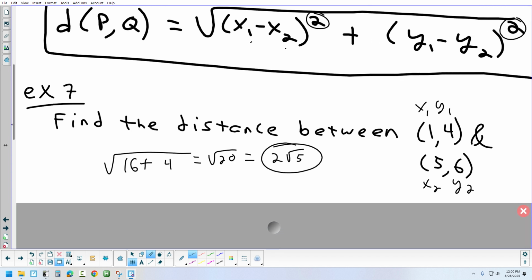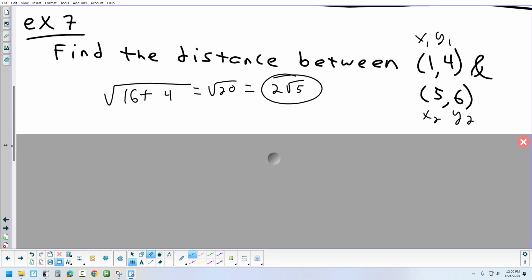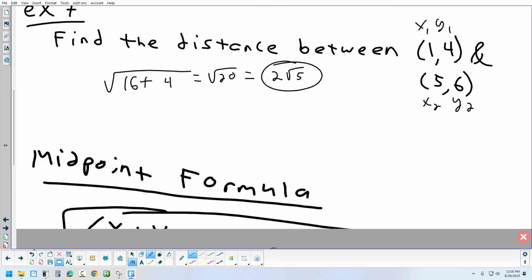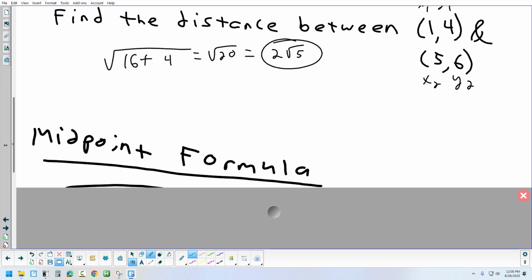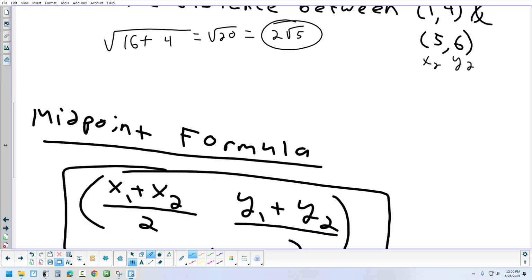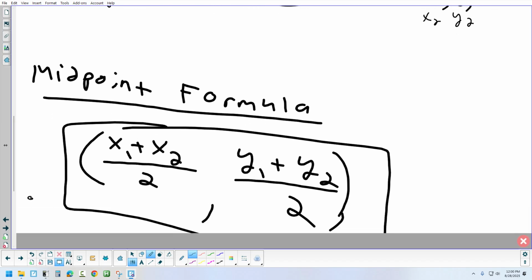All right, so last formula, this one's even easier because it doesn't have a square root, is midpoint. Midpoint basically tells you the halfway point. So if you've got a line segment, it tells you where the middle is. Now, if you look at the formula, you're adding up the x's and dividing by 2.